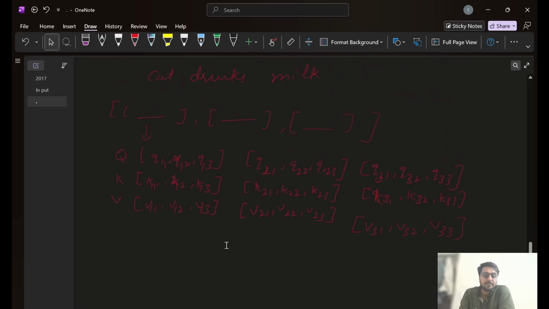Now everyone, you all are thinking, where did these query, key, value vectors come from? They came by multiplying this vector by the learnable weights w11, w12, w13.